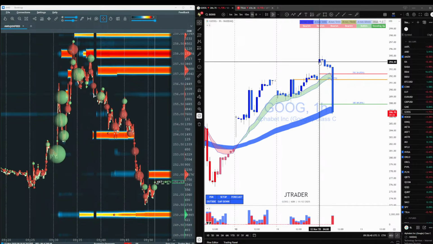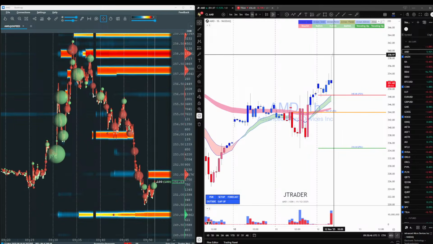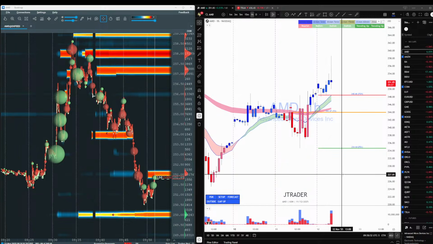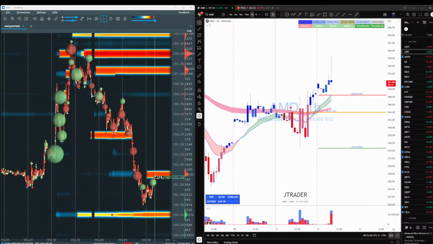This is Google. You can see a big drop over here, Google. This is AMZN. This is AMD this morning. We got the short over here, 257.50, now 251.50. We're talking about 6 points. We had 6 points over here on AMD. And Tesla, we gave you a 6 points alert. Not bad for the morning.